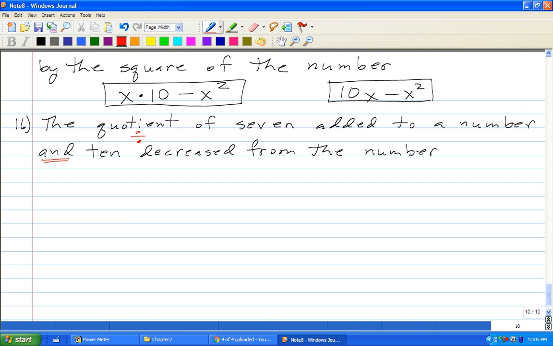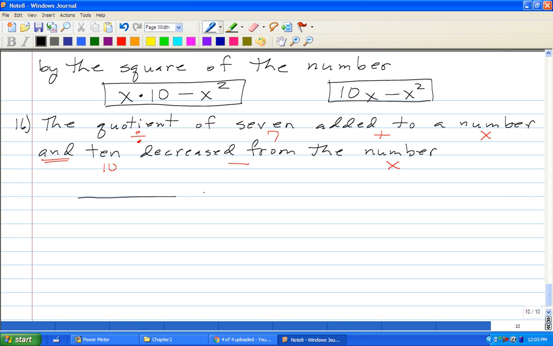And so these are two separate phrases. I have here 7, which is added to a number, and I have here 10 decreased from the number. So let's write this, and I'm going to write this as a division bar.